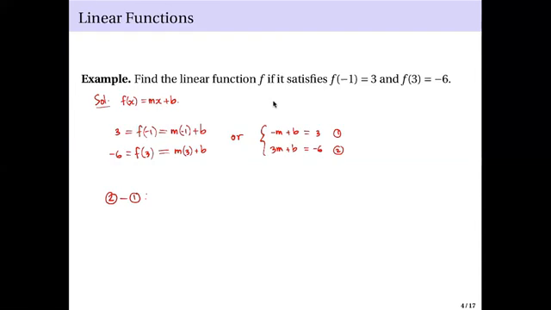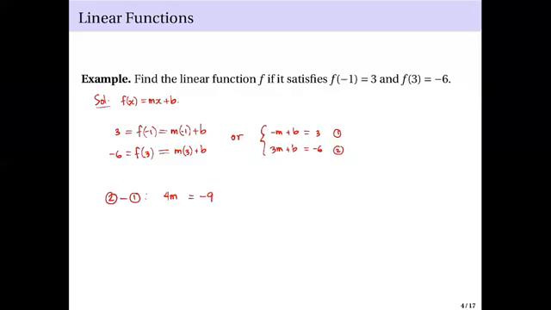So in here you have 3m minus -m. That will give us 4m. And then you have here b minus b, that's just 0. And then here you have -6 minus 3, that's equal to -9.